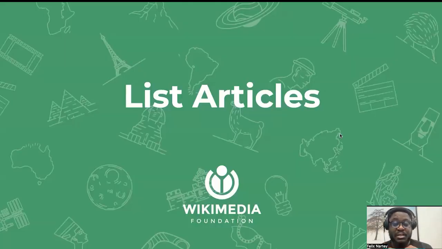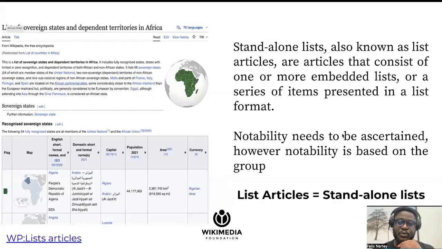Now, to begin the conversation on what I'm going through today, I'm going to start with a list of articles or list articles. I know for those of you who are new, or those that may have been here for a while and have never seen something like this, you're wondering, what are these list articles? List articles, or what we call standalone lists, are articles that consist of one or more embedded lists or a series of items presented in a list format.